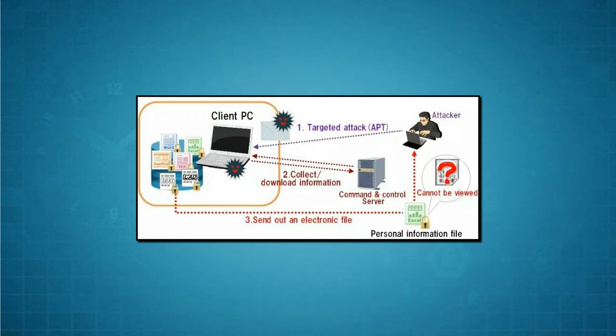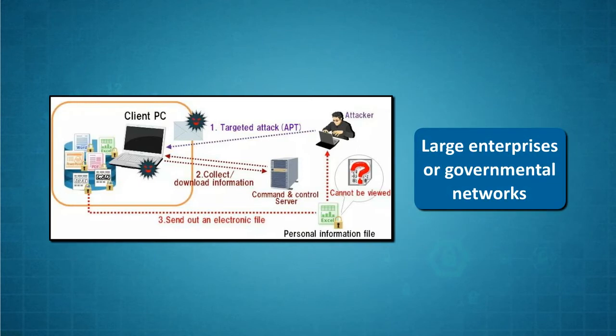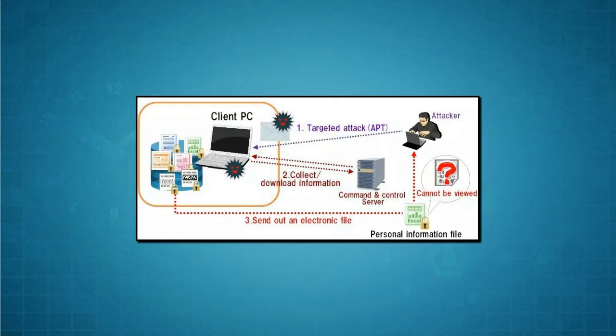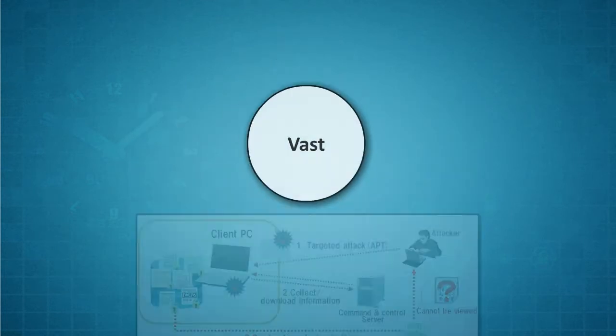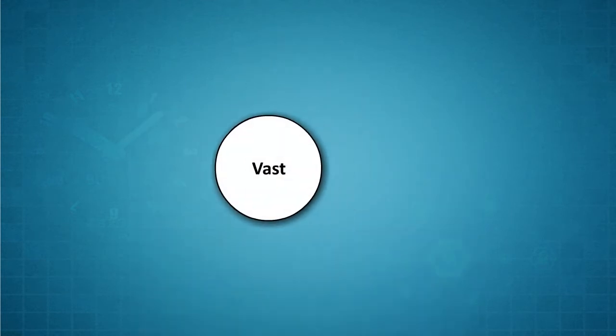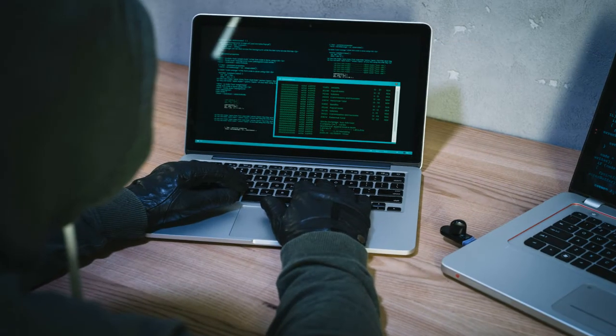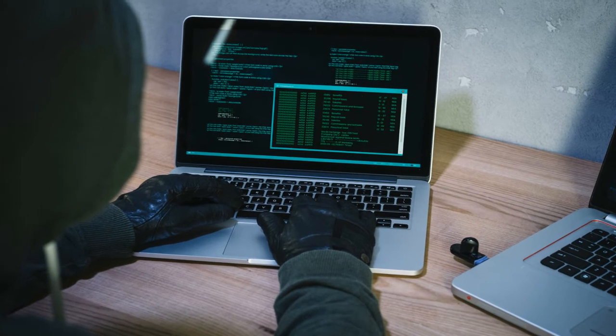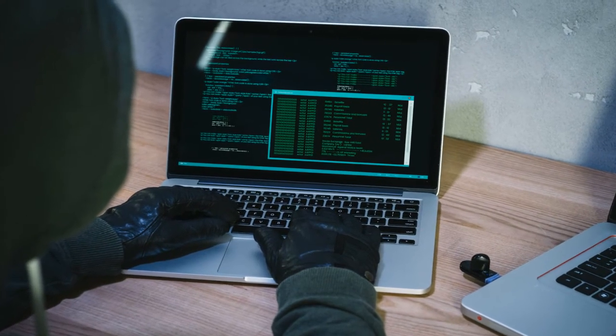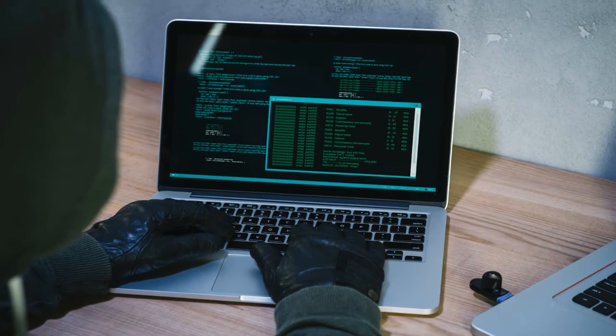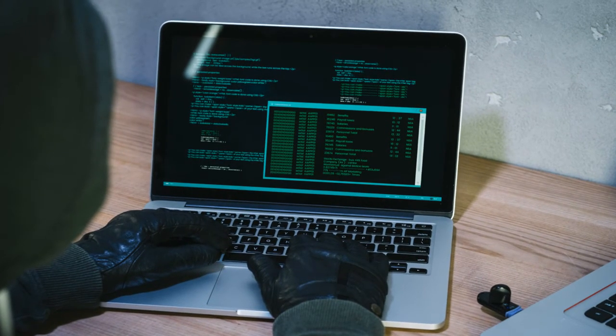The targets of these assaults, which are very carefully chosen and researched, typically include large enterprises or governmental networks. The consequences of such intrusions are vast and include intellectual property theft, which means extracting data from trading organizations or agencies related to trade organizations.